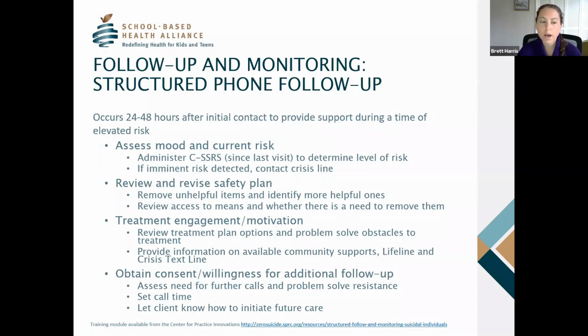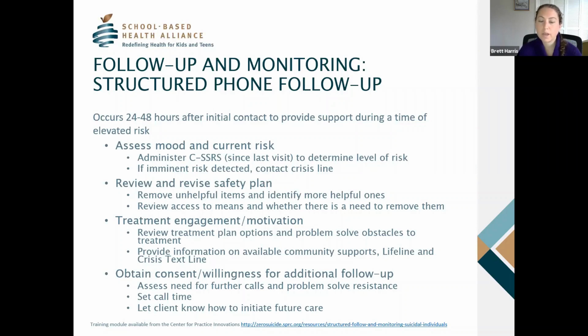We know that, particularly now with COVID, it's a difficult time, and things come up. For example, the crisis text line is not just for suicide risk, it's for substance misuse, domestic violence, relationship problems, anxiety, depression. So it's a very useful number, and people like to text now. So very easy to use.